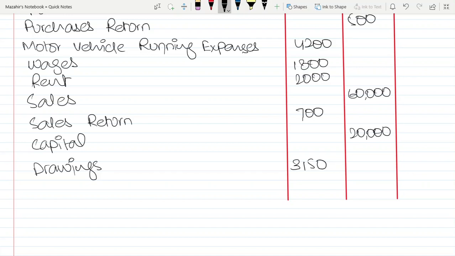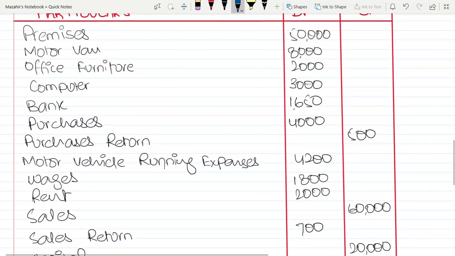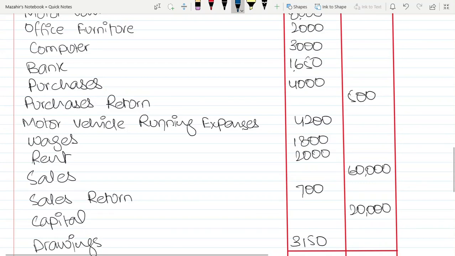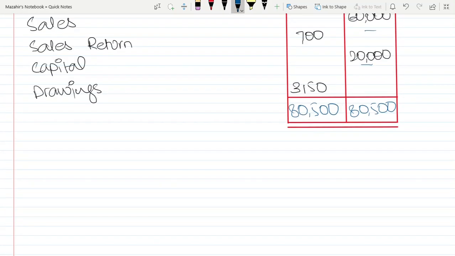So without wasting any time, let's do the magic and total both the sides. Okay, so the total of the debit side is 80,500. Of the credit side, there are only 3 items. These two make 80,000 and 500. We made double lines because I told you in my previous lecture that double line means for an accountant that his calculation is completed here, and in our case our calculation is completed.